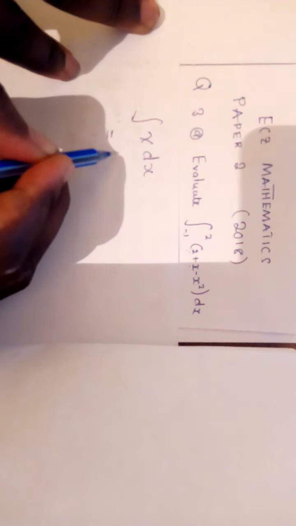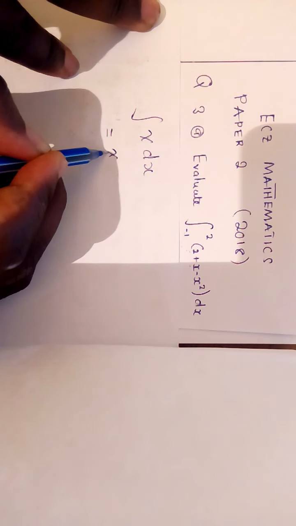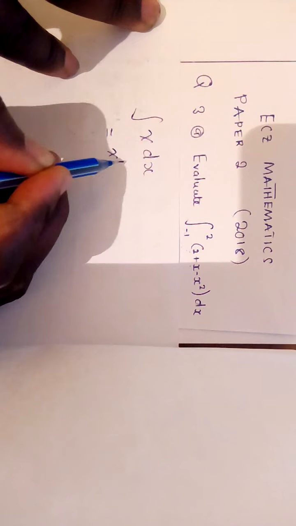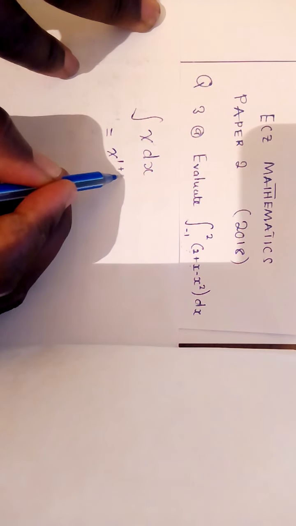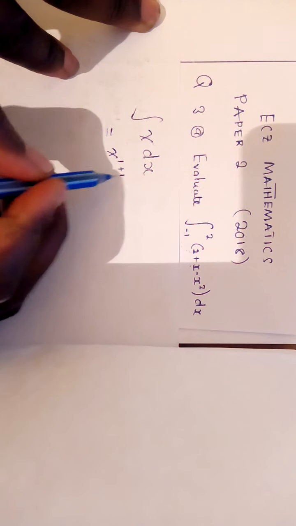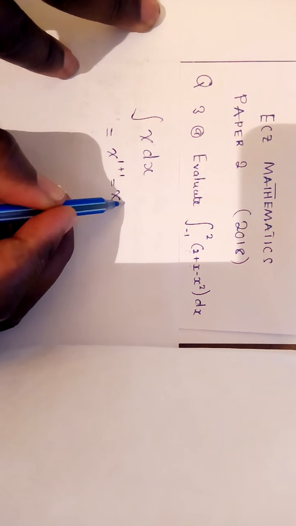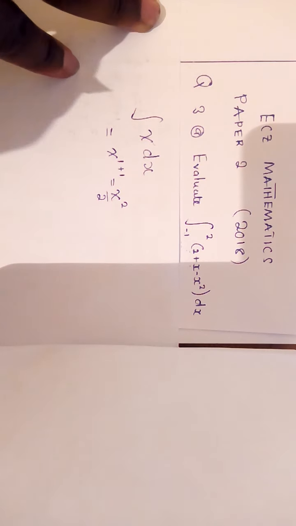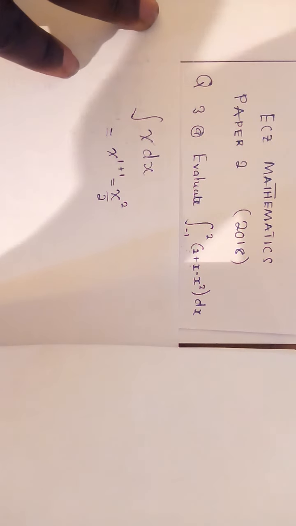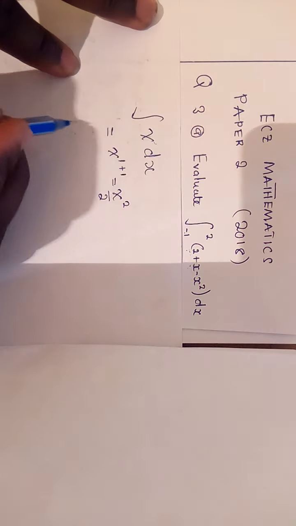You say x, and what power is there? It's power 1. So that power which is on top, add 1 to it, and it will give you x power 2. So that new power, divide by it. That's the answer. Okay, let's try something else.